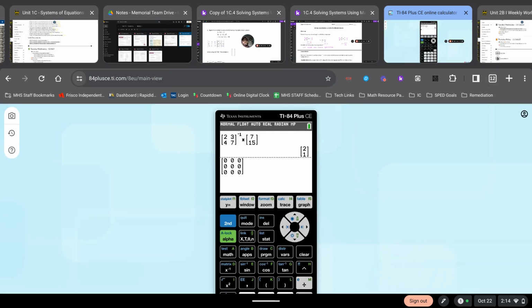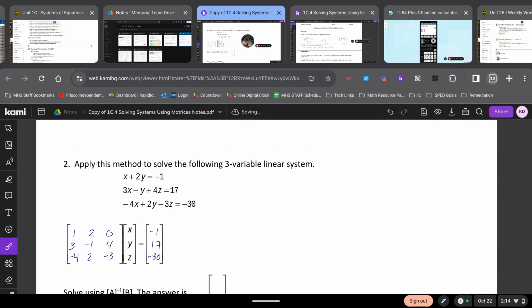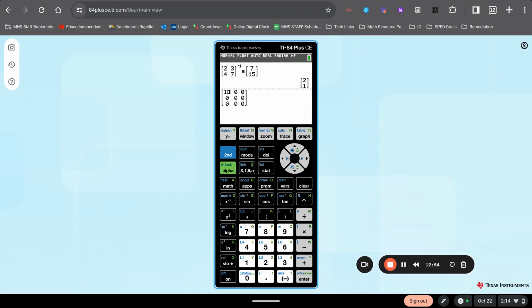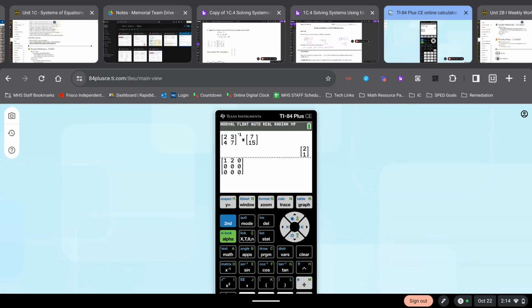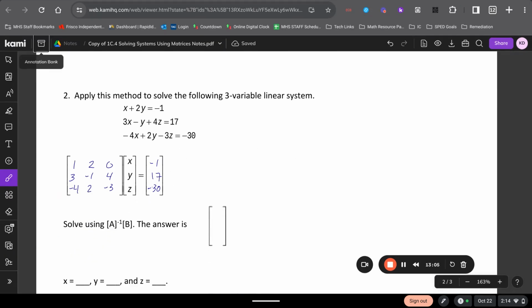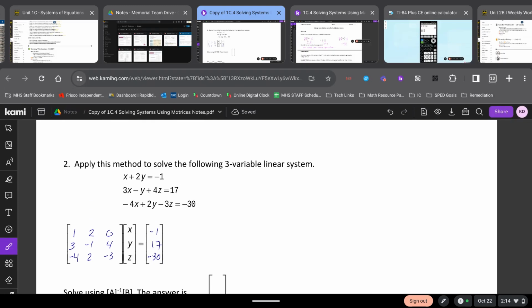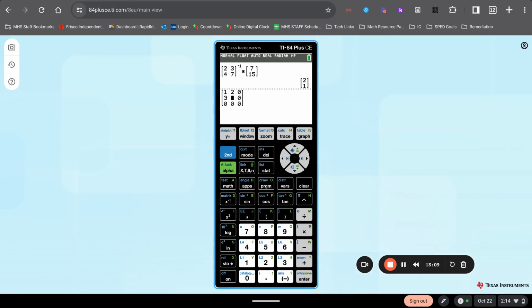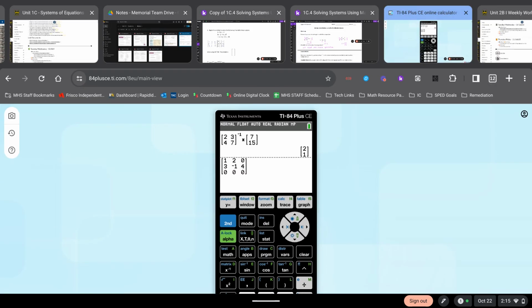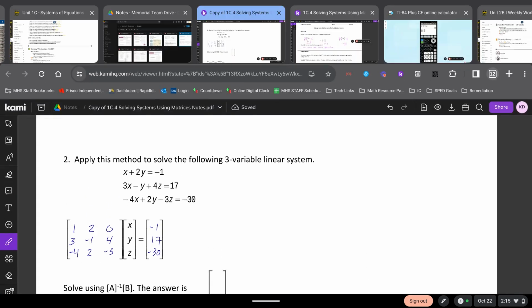So first set of numbers I have is 1, 2, and 0. Second set of numbers is 3, -1, and 4. And then my last set of coefficients are -4, 2, and -3.